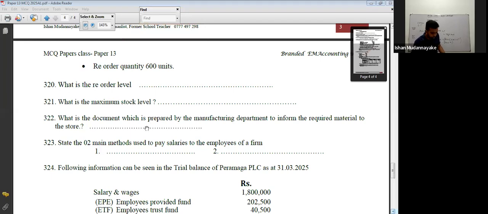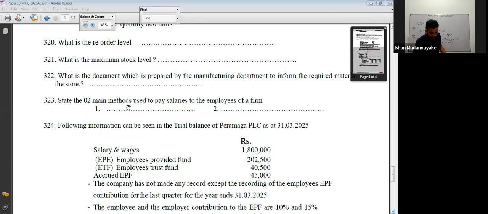Right, question number 323. What's the answer? State two main methods used to pay salaries to the employees of a firm.